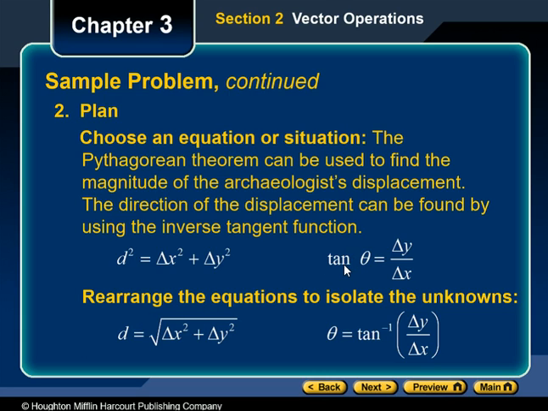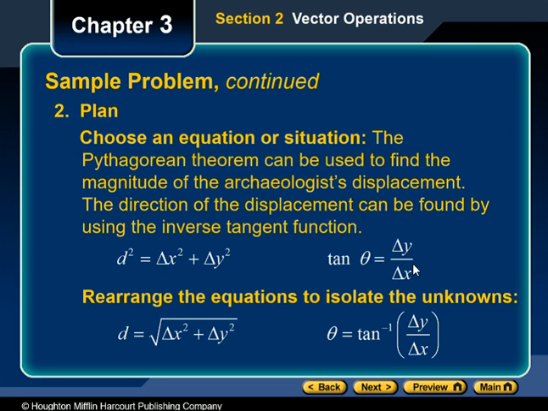We do know, based on the diagram that we drew, that the tangent function of the angle is going to be equal to delta y over delta x. We know that because tangent is opposite over adjacent, right? That's why delta y is on top and delta x is the denominator. If it was a different angle, the delta x could be on top.